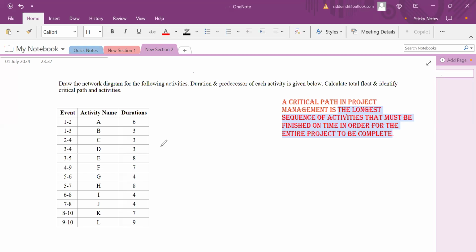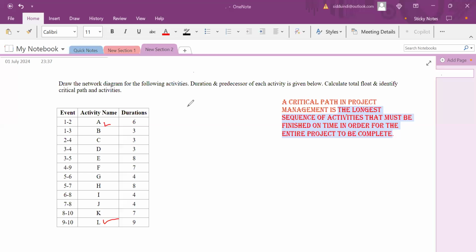Before that, we should go for drawing a network diagram. Here we have several activities called A to L. Now, as we all know, an event is denoted by a circle and an activity is denoted by an arrow. Now we'll start with this.